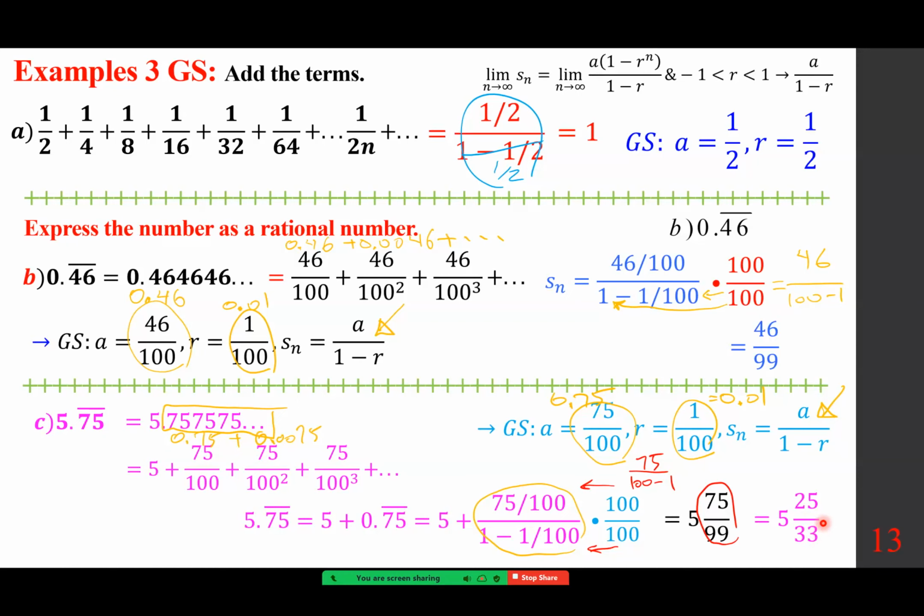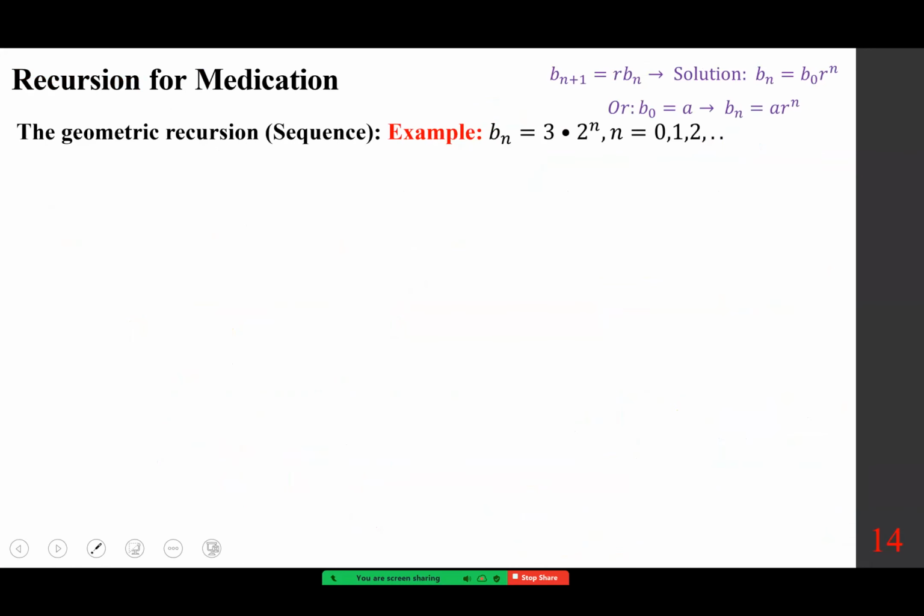So it makes it 190 over 33. Five times 33 is 165, and add it to 25, you get 190. Not that you have to put it in that format, just whatever they ask you.